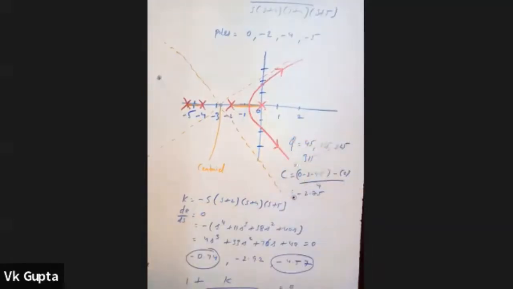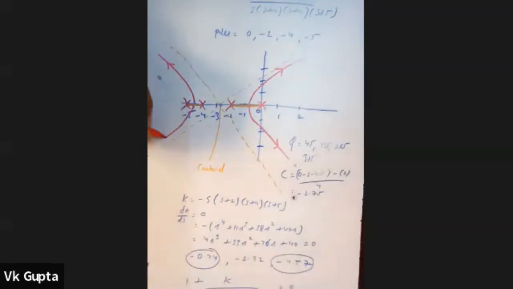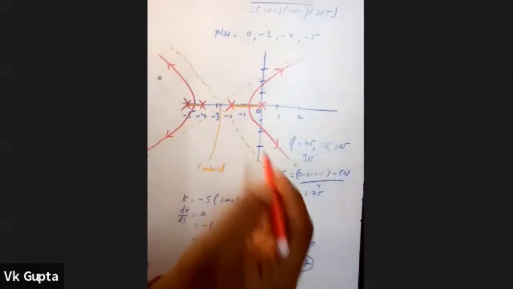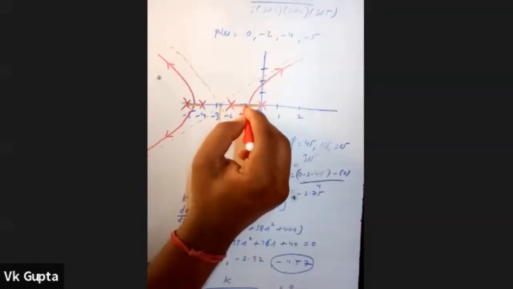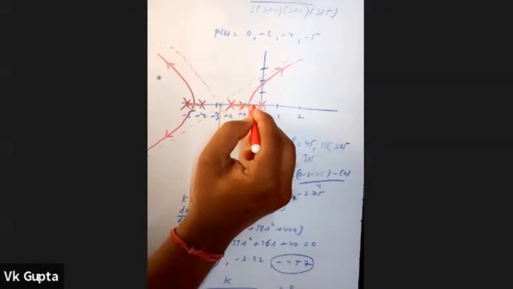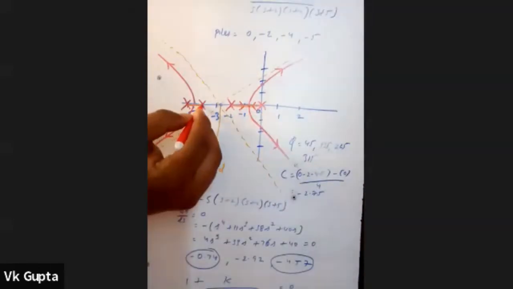Similarly, this is another breakaway point. Now we have to make all the arrow marks. This starts from here and goes up to the breakaway point, so there is an arrow mark. This starts from here and goes to the breakaway point, so there is an arrow mark. This side, arrow mark.